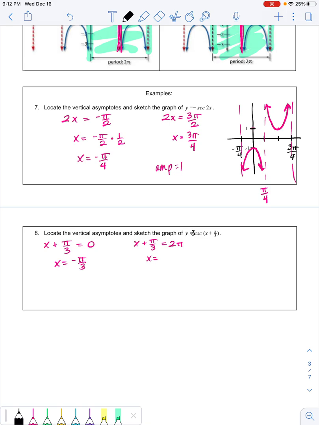Think about 2 pi over 1. Get common denominators there to complete the operations with the fractions. That's really going to be 6 pi over 3. And so 6 pi over 3 minus 1 pi over 3 is 5 pi over 3.